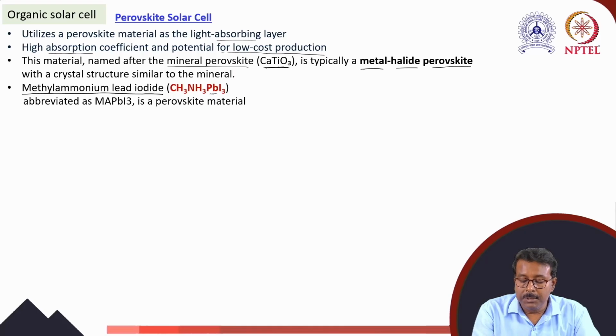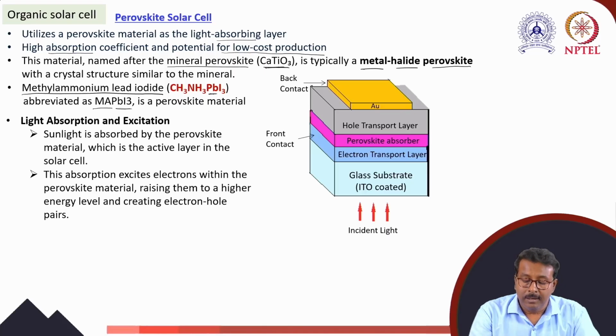But due to the presence of lead, it is toxic. People are trying to replace the lead with other suitable alternative materials. Anyway, this perovskite material acts as the active material in the solar cell.